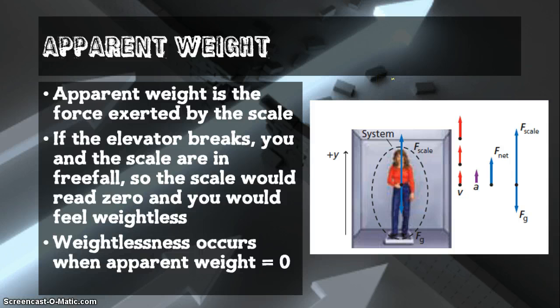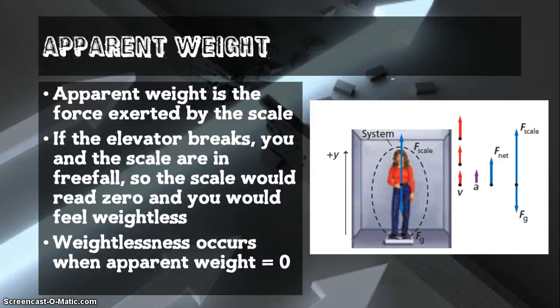So the apparent weight is the force exerted by the scale. It's pushing much harder than your weight, so you're going to feel heavier when the elevator is pushing you up. Let's say the elevator brakes, though, causing you and the scale to go in free fall. In this case, there's no force pushing up because the elevator's in as much free fall as you are.